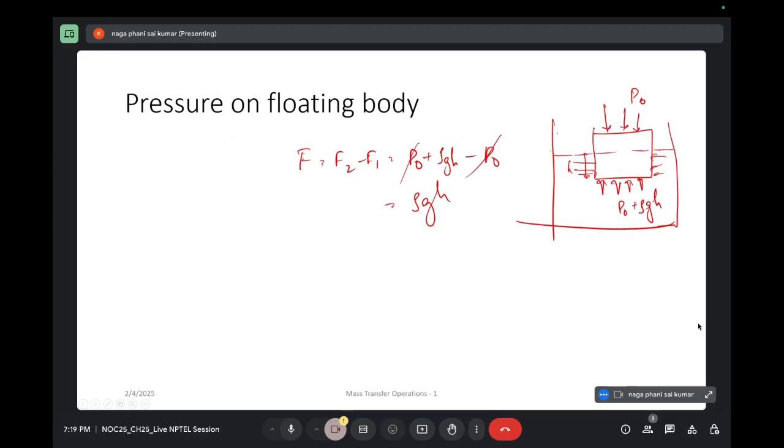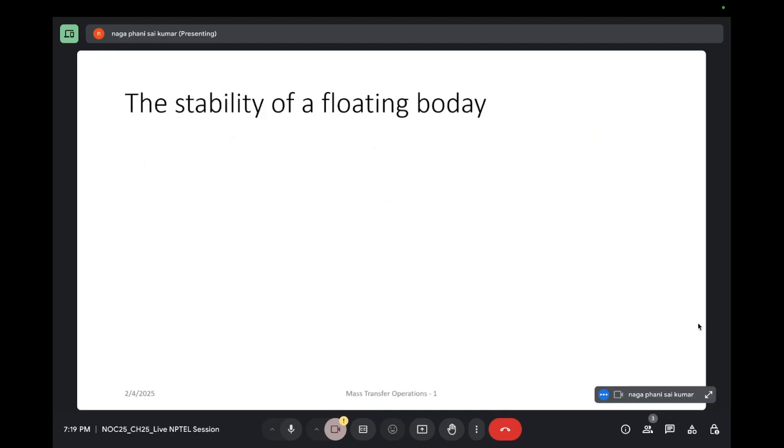Okay. And when bodies are floating on the liquids, they will be coming across two terms, that is center of buoyancy and center of gravity. So that is also important. This is particularly important in the design of ships. Whenever ships are sailing in water, they come across different waves, right?